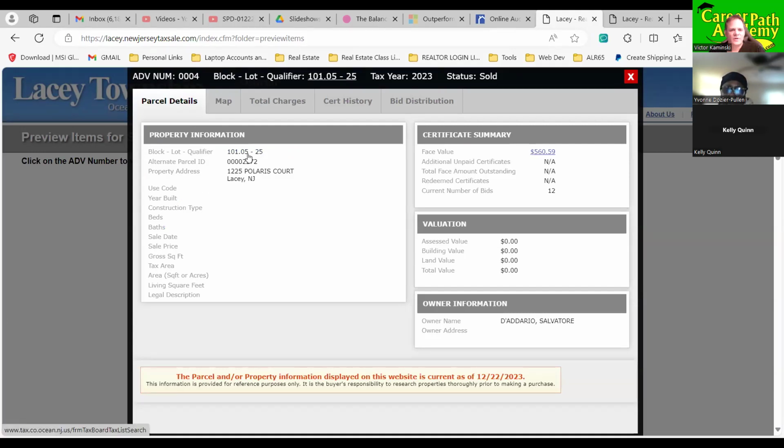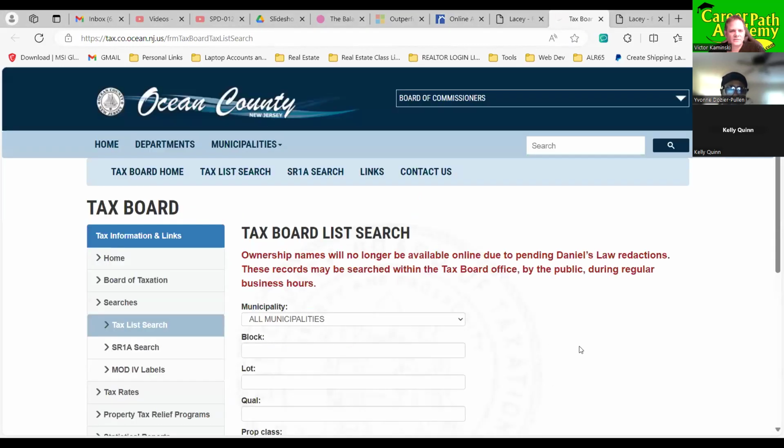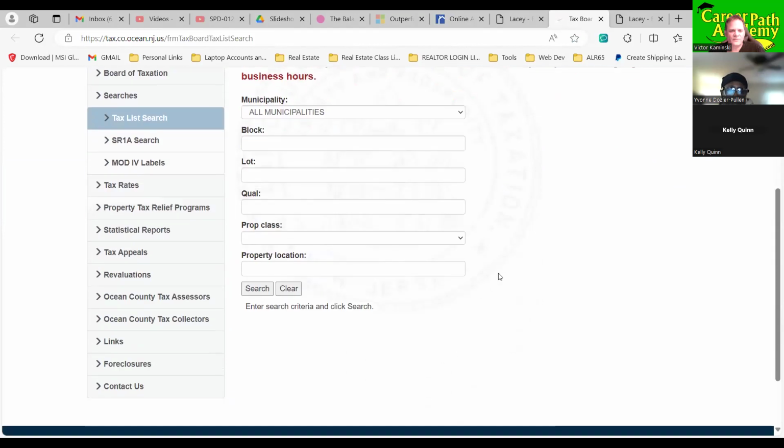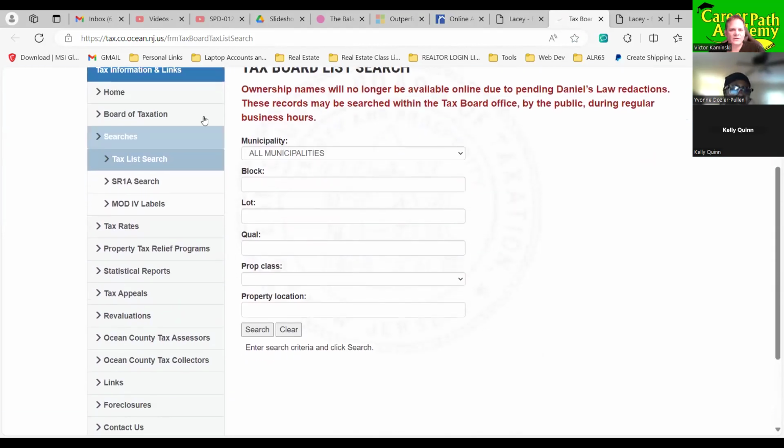That's interesting. But if we click on this qualifier, it should pull up a tax record. Okay, so this takes you to the Ocean Board of Taxes, and then you have to search this property by lot and block number.